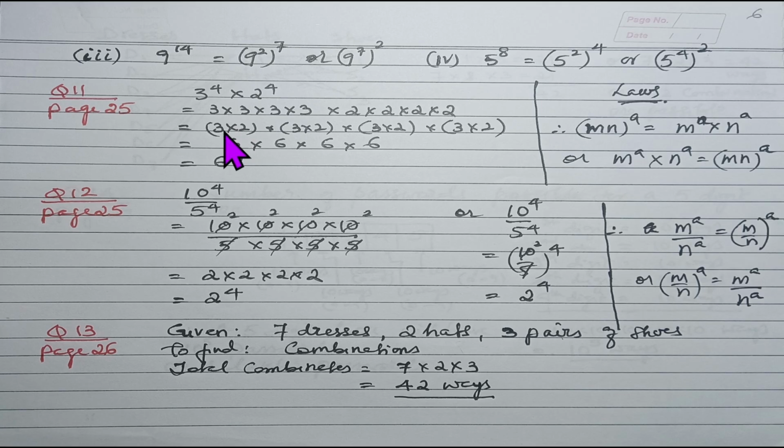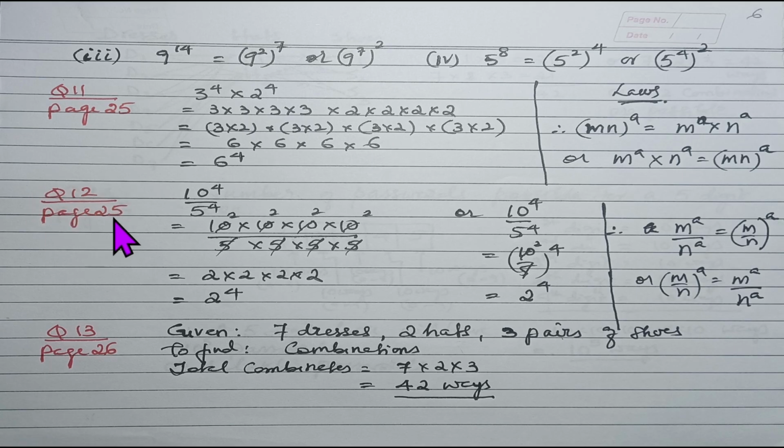We can write them as product of 3 into 2 four times, and 3 into 2 is 6, that is 6 into 6 into 6 into 6, and therefore it is 6 raised to 4. So please remember the law used here, (mn) raised to a is equal to m raised to a into n raised to a, or m raised to a into n raised to a is equal to (mn) raised to a. So these laws can be used in solving examples like that.